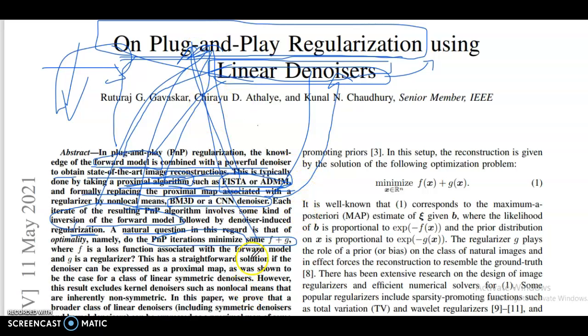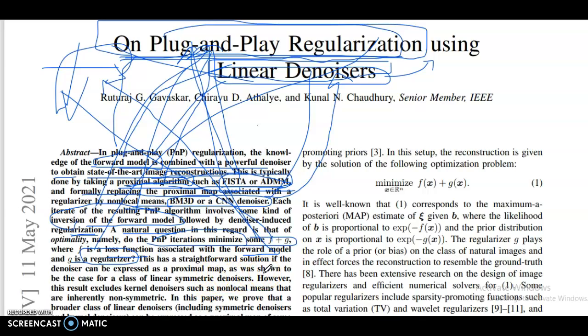Here f is a loss function associated with the forward model, and g is the regularizer. This has a straightforward solution if the denoiser can be expressed as a proximal map.